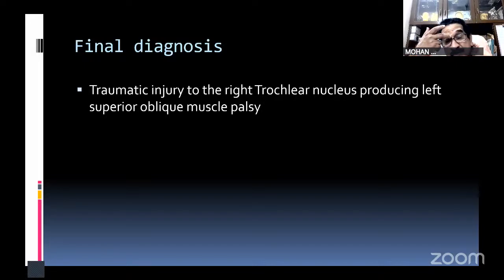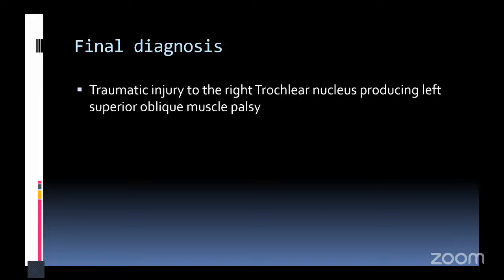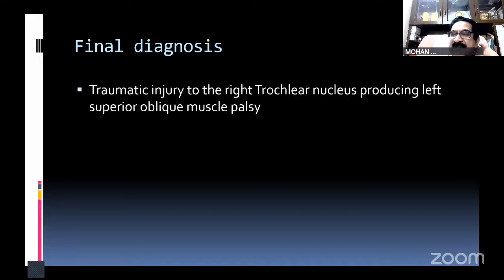Sometimes the lesion may be in the trochlea itself, from the orbital injury. There may be local tenderness there. But this case had a focal injury to the brainstem. That is the interesting part of this case. It's not an old infarct, no, it's an injury, yeah? Maybe. That's a very unusual site for an infarct.